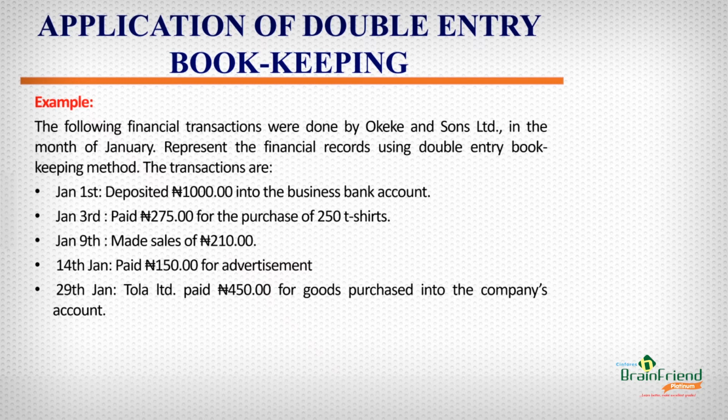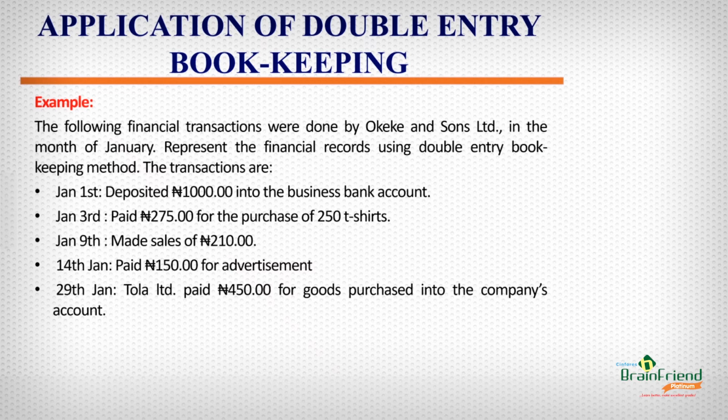On the 1st of January, the owner of the business deposited 1,000 naira into the business bank account. On the 3rd of January, the owner of the business paid 275 naira for the purchase of 250 t-shirts. On the 9th of January, the firm made sales of 210 naira.